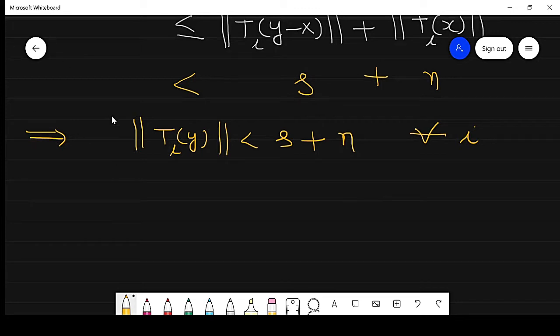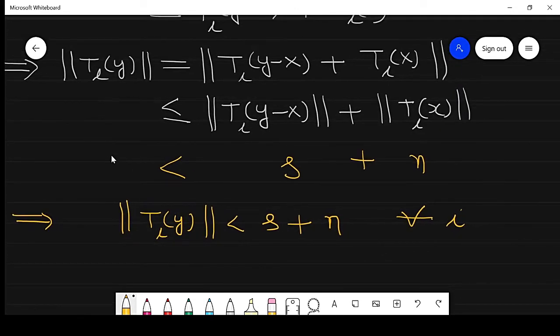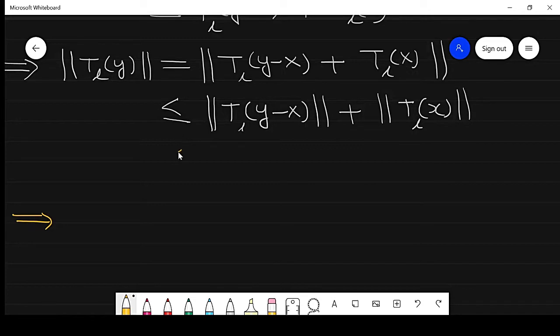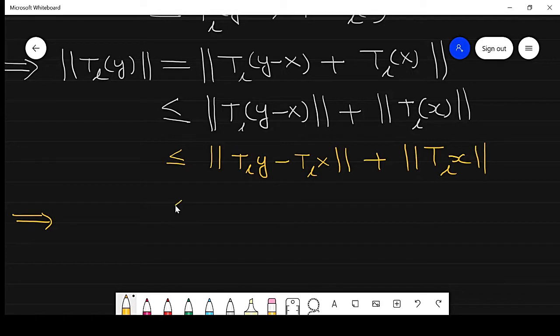So I take one more step: this is less than or equal to the norm of Tiy minus Tix plus the norm of Tix, so this is less than epsilon plus n. That is the given part.